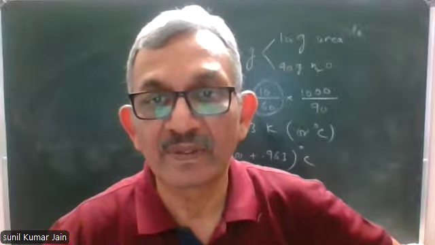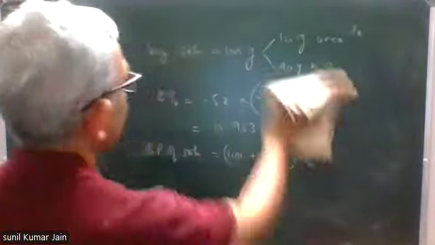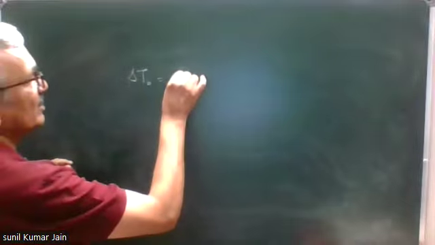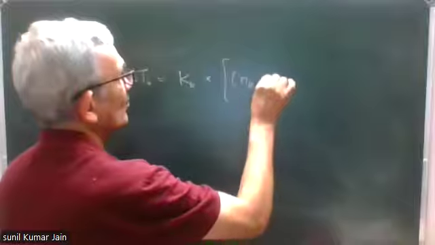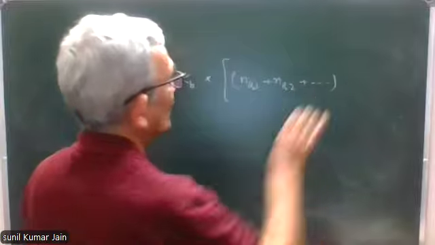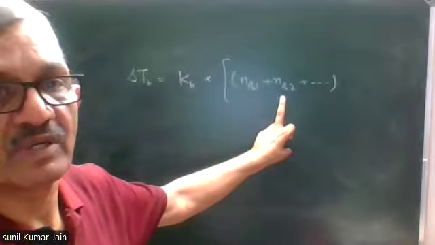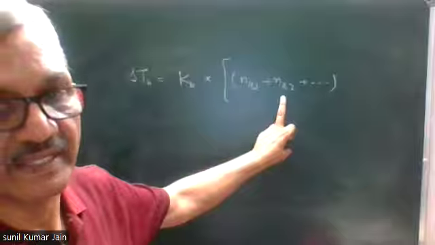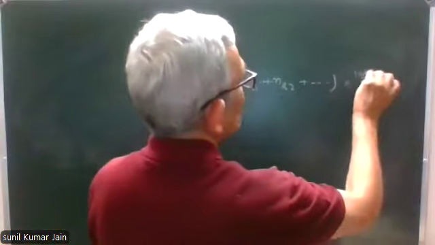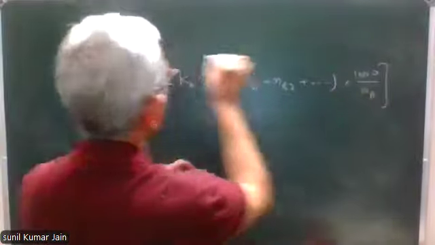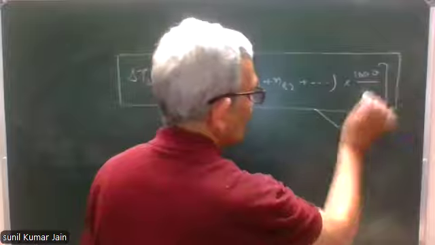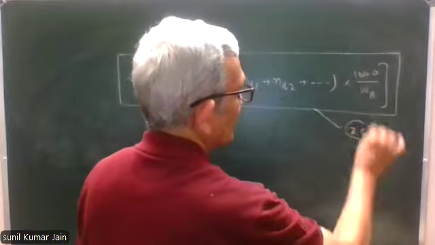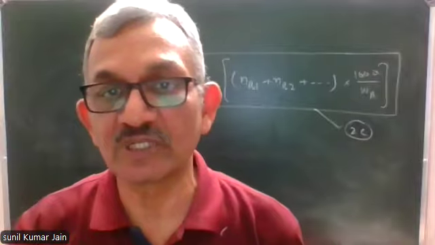The equation becomes delta Tb is equal to Kb into (n1 plus n2), the number of moles of the non-volatile solutes added, multiplied by 1000 divided by weight of solvent. This becomes equation number 2c.